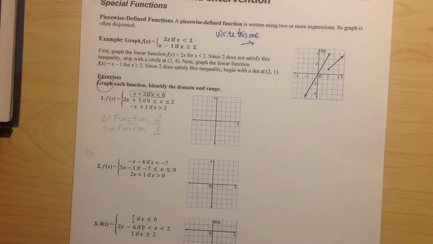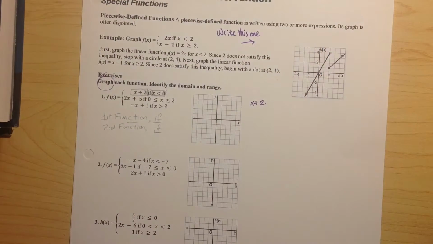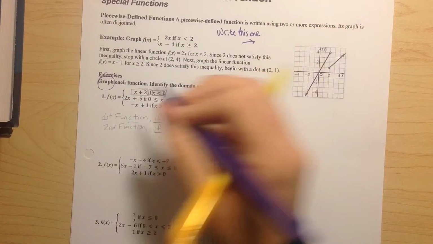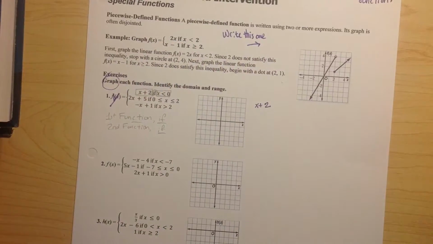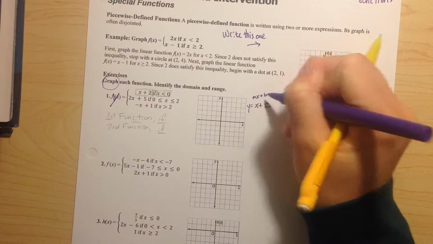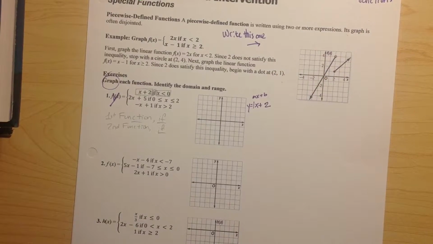So here we go. I am banking on you being able to graph this line. This is x plus 2. We know this is in y equals mx plus b format. M is my slope, m is 1 in this case. So here we go.